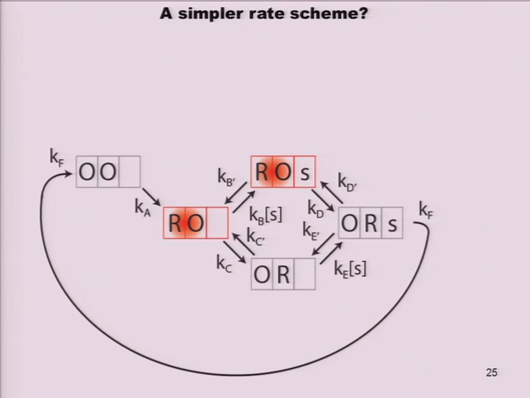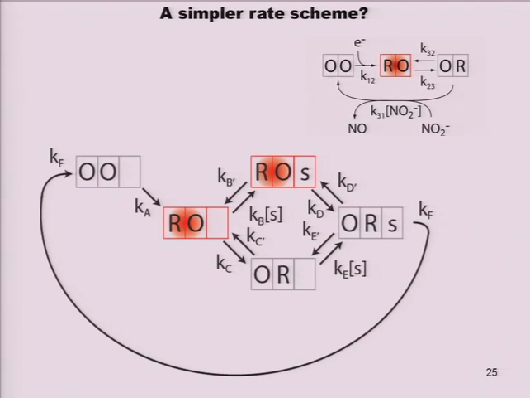And here I have 2 channels: electron transfer and then substrate binding, or substrate binding and then electron transfer. I'm calling it a simpler model because there's 10 free parameters in this case. Whereas in the previous case, with 5 values of K23, my forward electron transfer rate, and 5 values of K32, my back electron transfer rate, I actually get 12 free parameters.